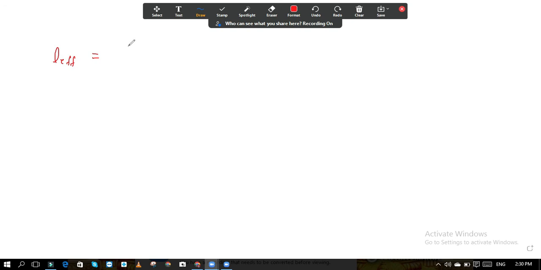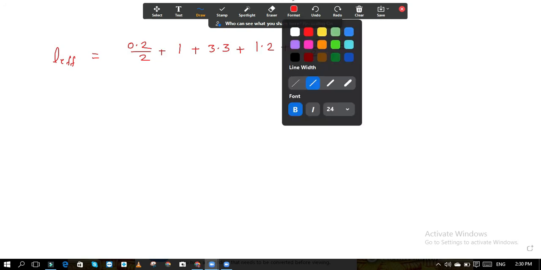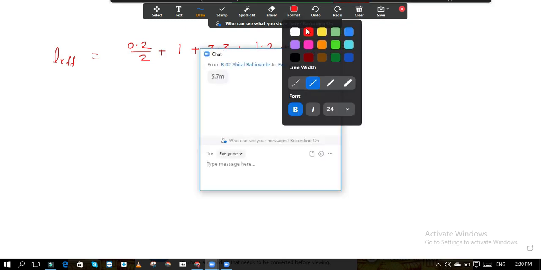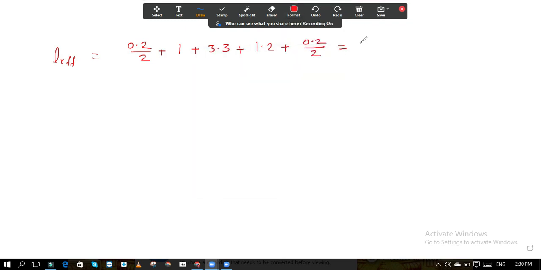From the center of the width of support, it should be 0.2 by 2 plus 1 plus 3.3 plus landing is 1.2 plus again supporting wall is there, 0.2 by 2. If you solve this, you will get the effective length. 5.7. Okay, it is 5.7 meter.